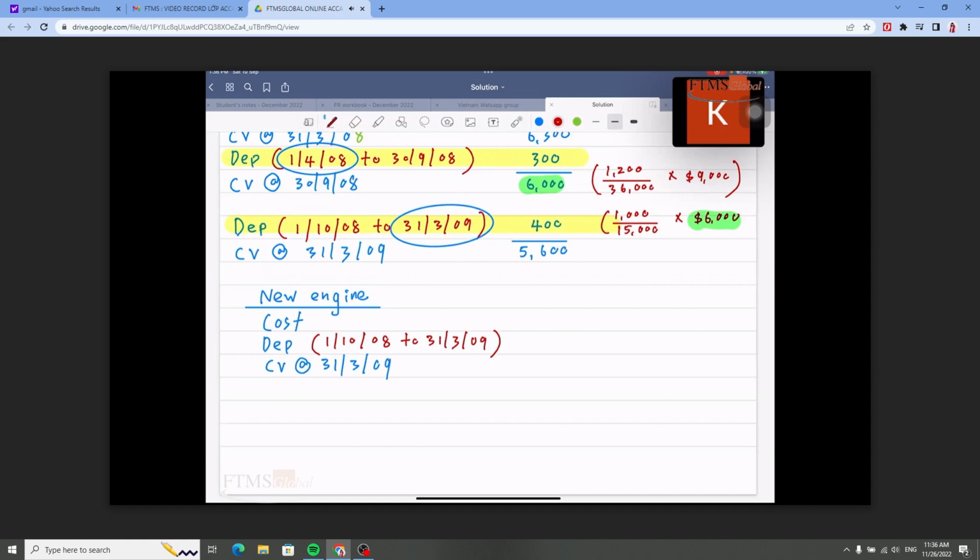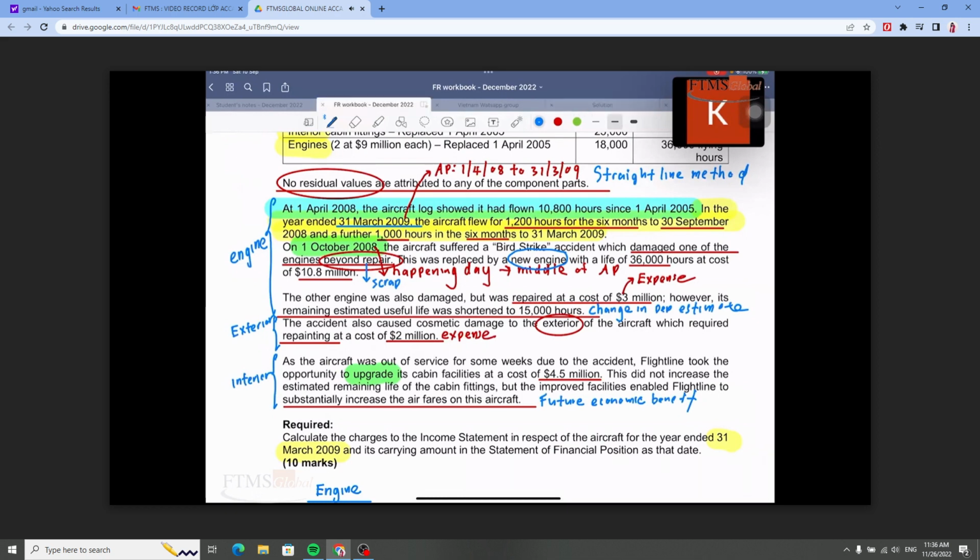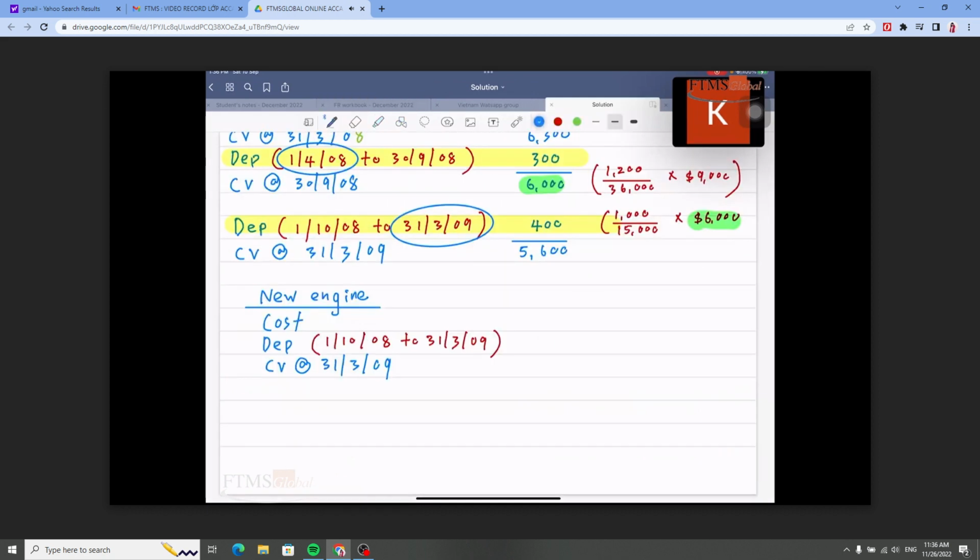So the new engine costs how much? Search for the new engine, cost 10.8 million. Can find here, just in case you can't find. Let me just draw a circle for you. Here, 10.8 million. Okay, so let's continue.